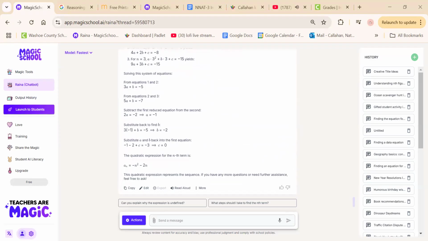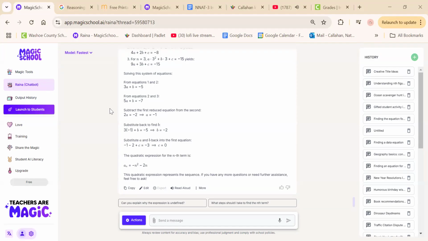So for number 4, it's quadratic, right? And your equation is going to be y equals negative x squared minus 2x, right? Or t of n equals negative n squared minus 2n. Does that make sense? Okay. So then what would it be if I asked for t of 10? What would that be?